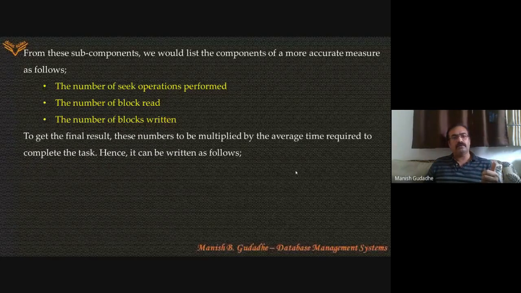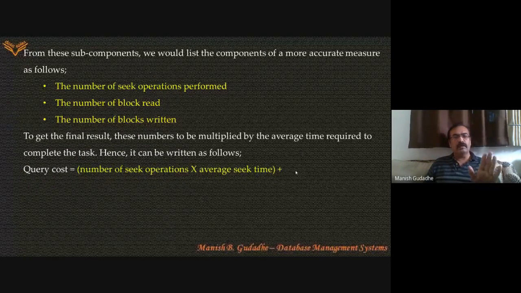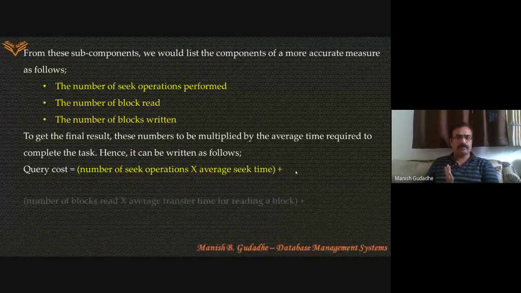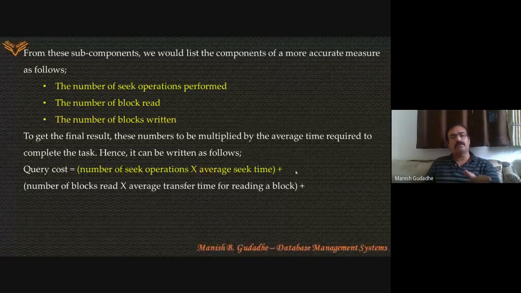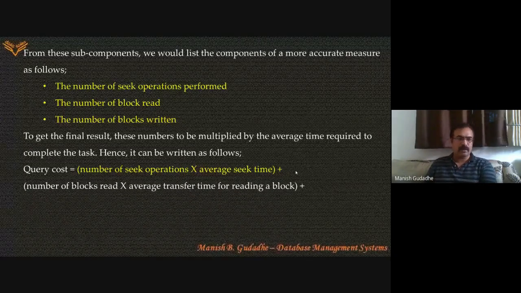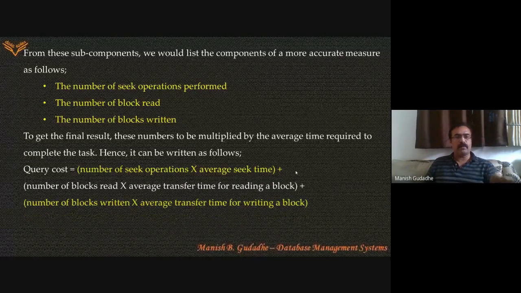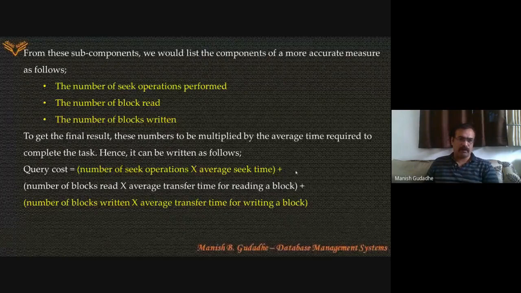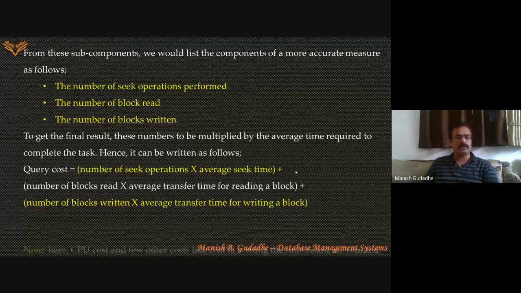So the query cost will be the number of seek operations into average seek time, plus the number of blocks read into the average transfer time for reading a block, plus the number of blocks written into the average transfer time for writing a block. So this will be the query cost for you.